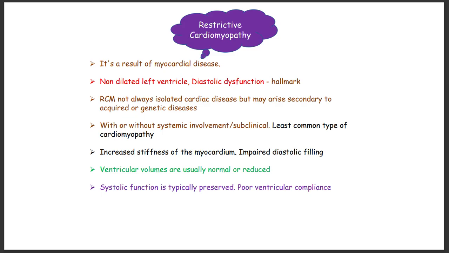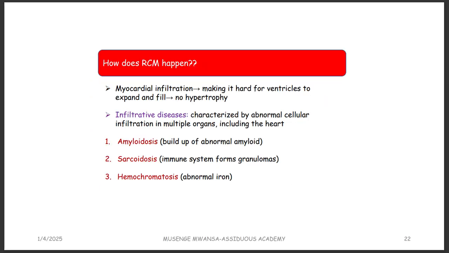So the ventricles can't fill. Systolic function is normally preserved. You can normally pump blood out of the heart, but the problem is that you can't receive blood because of the stiffness. So there is poor ventricular compliance. The ventricles can't really relax to allow blood to move in.